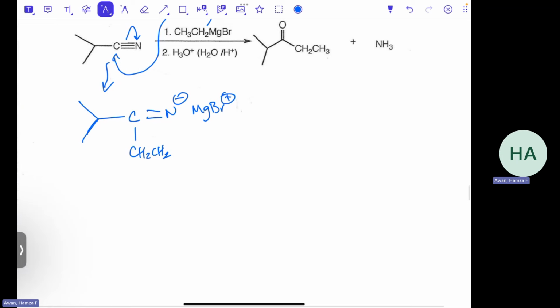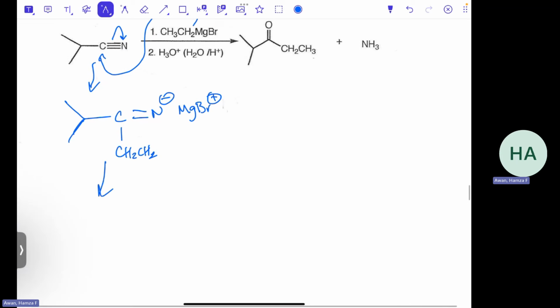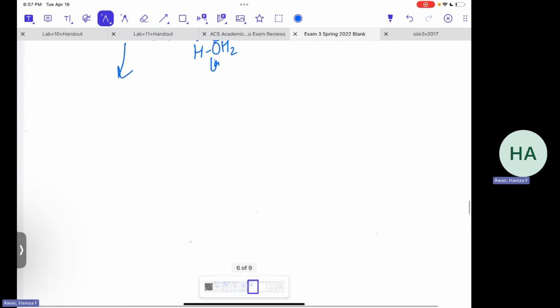And so for our second step, we can use H3O plus. Because this nitrogen has a minus charge and the second step is H3O plus, it's going to attack one of the hydrogens on this H3O plus, and that is going to stabilize the charge.